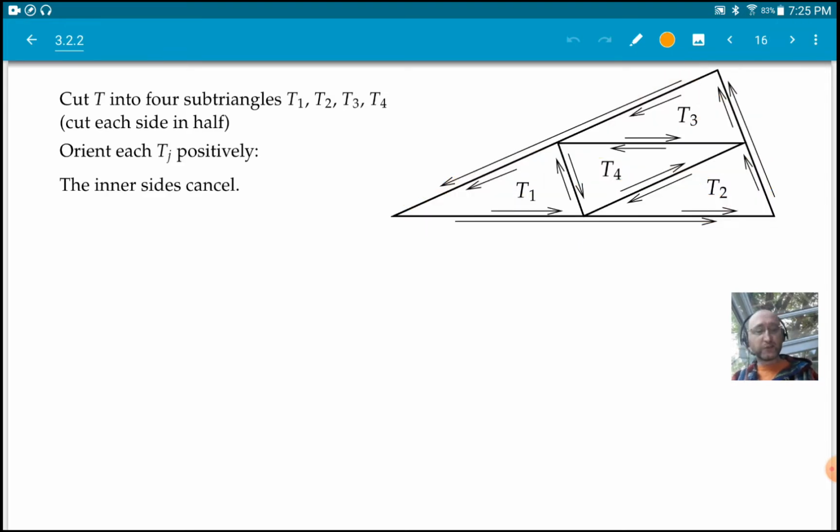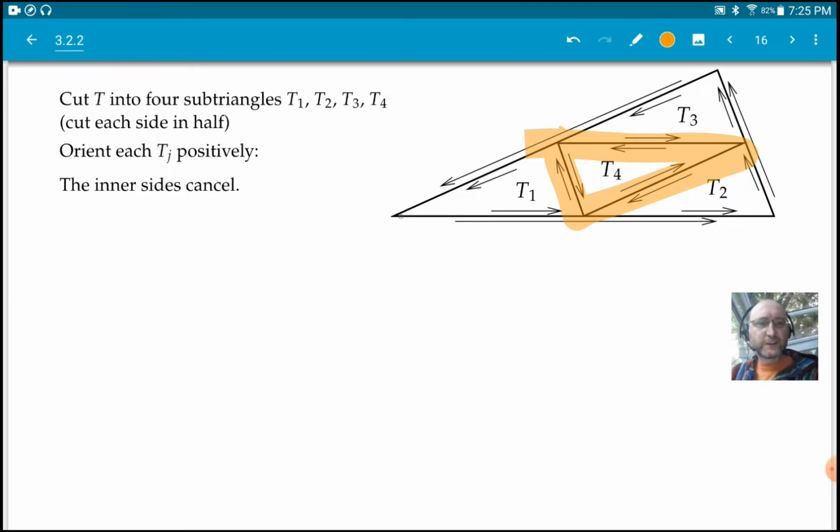Now, if we orient each of these T_j positively, counterclockwise, then something that you will notice is that we've added some internal edges. Whenever two of the smaller subtriangles meet, the edge is oriented exactly the opposite.